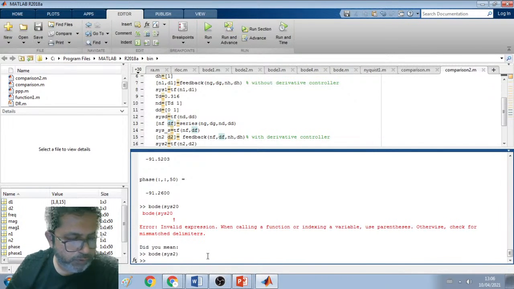So transfer function manipulation. Let us say series is equal to series sys1 star sys2.